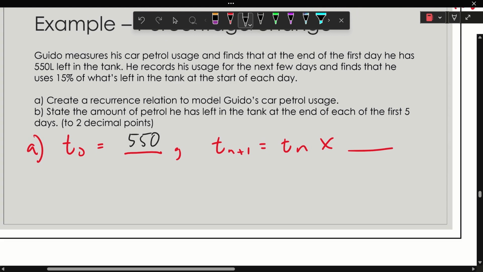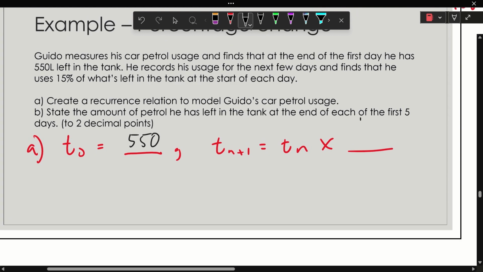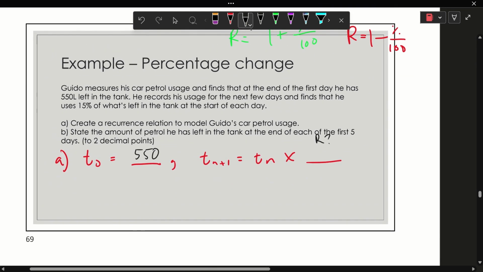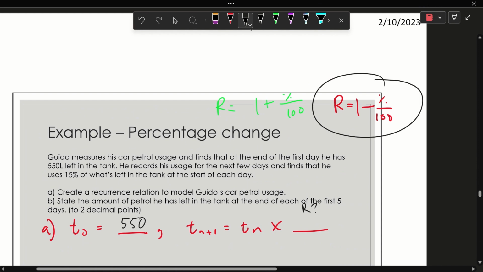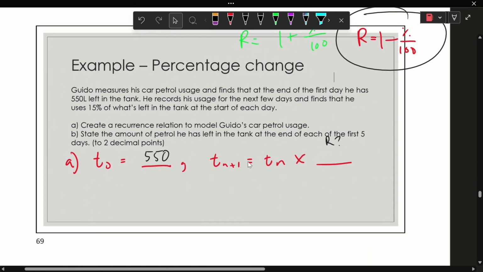Now, what we need to find next is the common ratio here. We don't know it. Because we've read this and it's going to be decreasing, I'm going to be using that formula to find the common ratio. So here it's going to be 1 take away. Can anyone tell me the percentage decrease? 15.